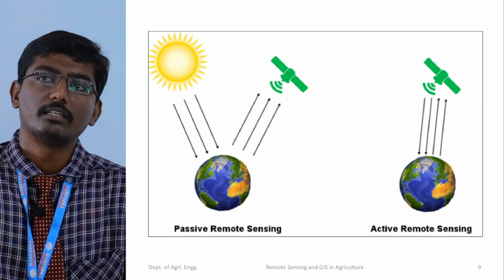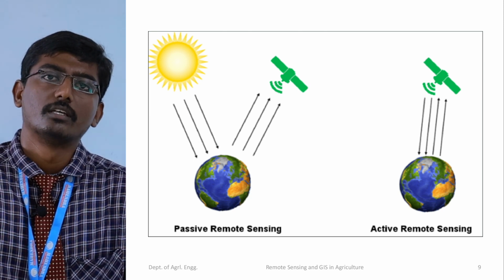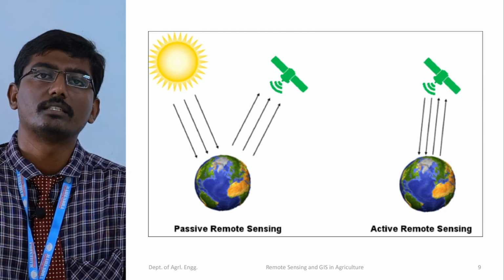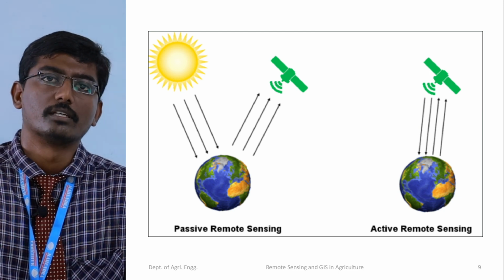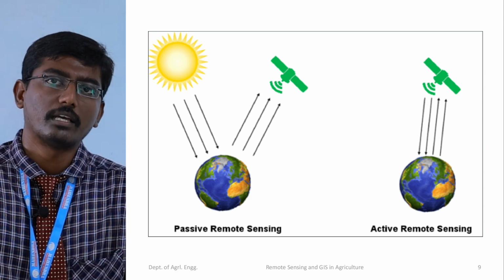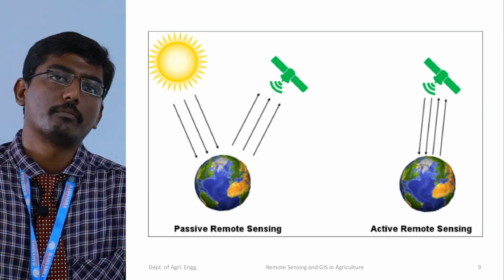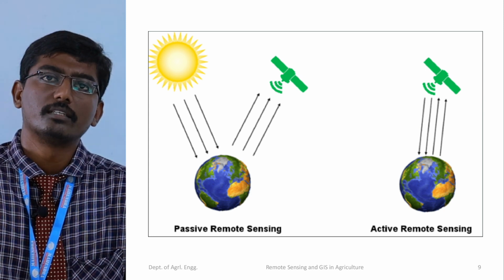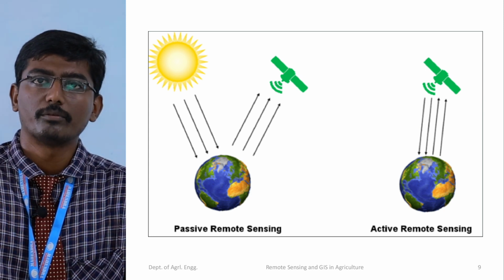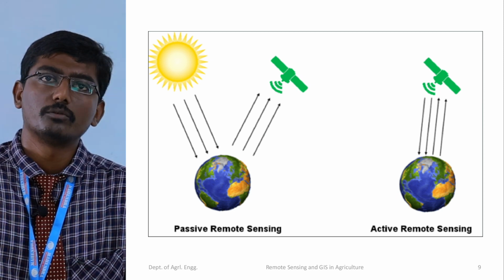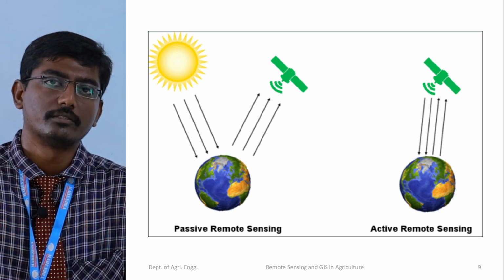The sun gives light towards the surface, the surface reflects it back, and it is absorbed by the passive sensor. The active sensor is capable of generating its own energy, so it sends out light, gathers the information from the surface and absorbs the data. So these are the two kinds of sensors, active and passive.